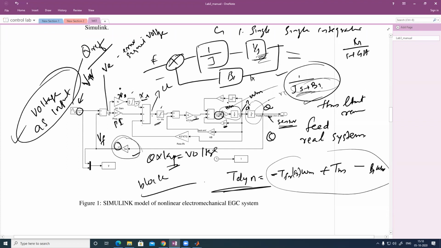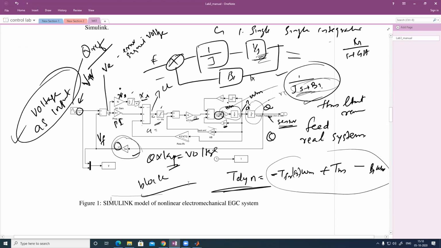First of all, we have to convert everything into a single integrator block and write the equations for these values. This U also you have to write: U is equal to this Xi, this KT, K2 into KTG into omega m, and this value. That one is U, and Tm is coming here. These all are the equations governing the system.